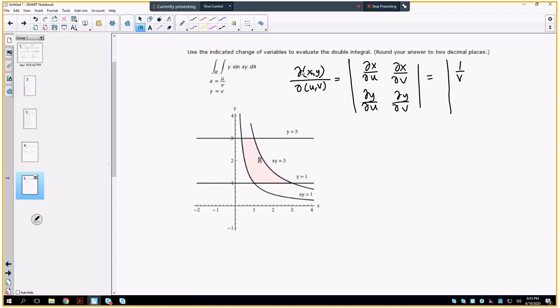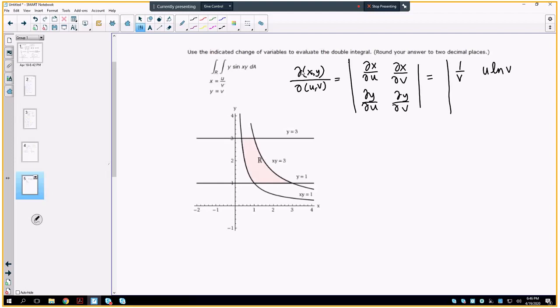Del x del v should be equal to u times natural log of v.